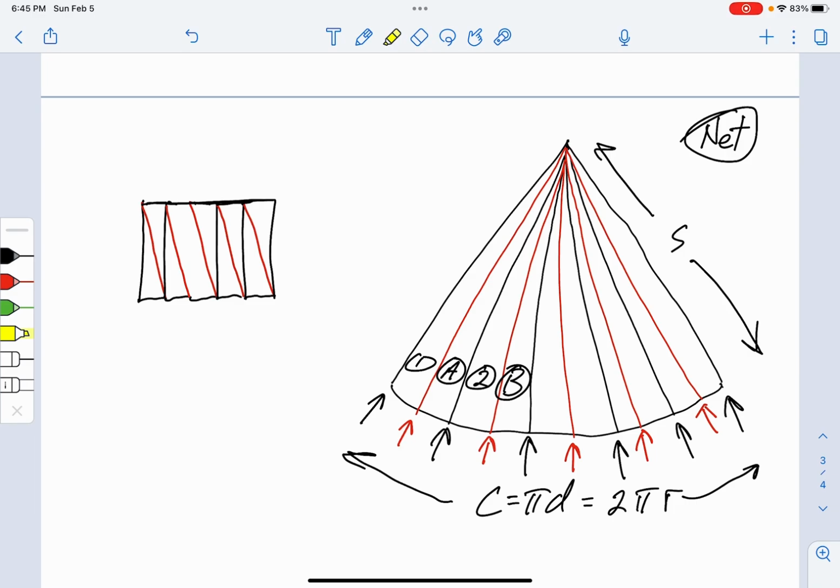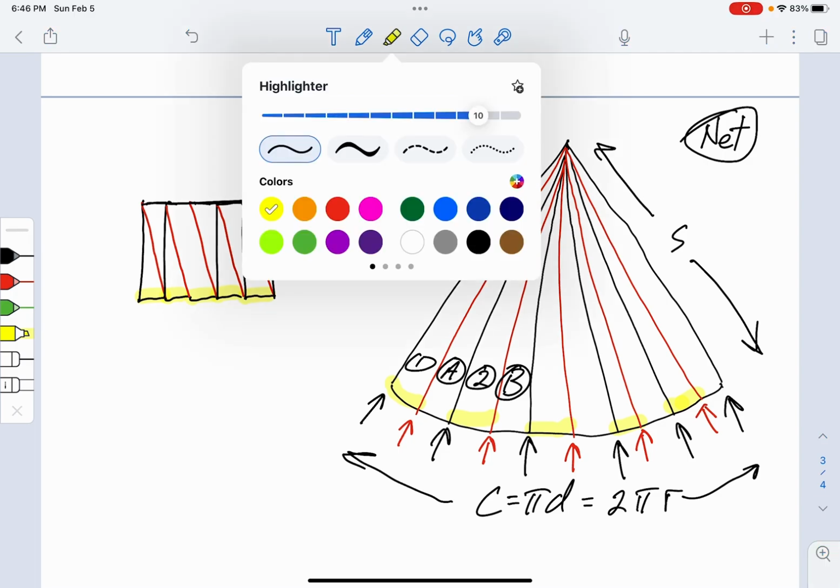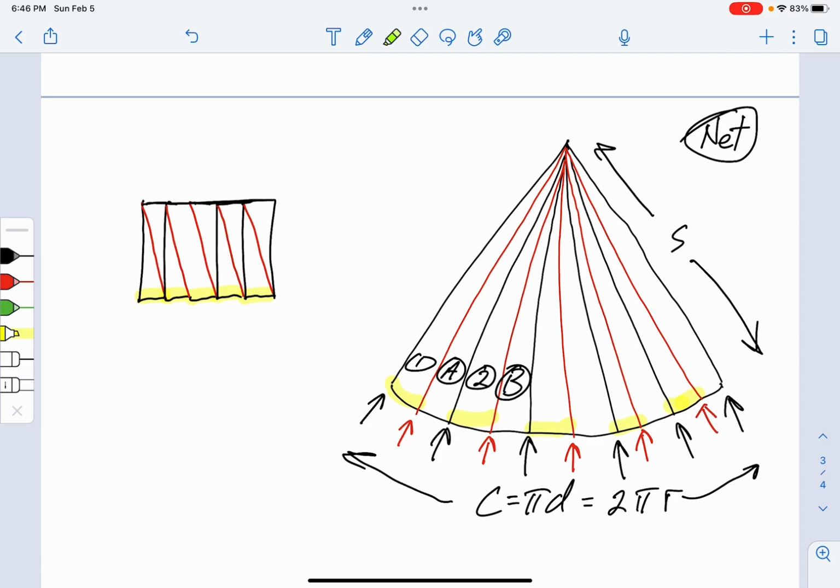So I'm going to highlight this here in yellow. I'm going to grab every second one, yellow, yellow, and yellow. That's going to correspond to this figure on the left as these little triangles, yellow, yellow, yellow, yellow, yellow. Let's go back now and grab the ones that we missed. So here's A, here's B, etc. And if I was to label them up here, that's going to be 1, that's going to be 2.